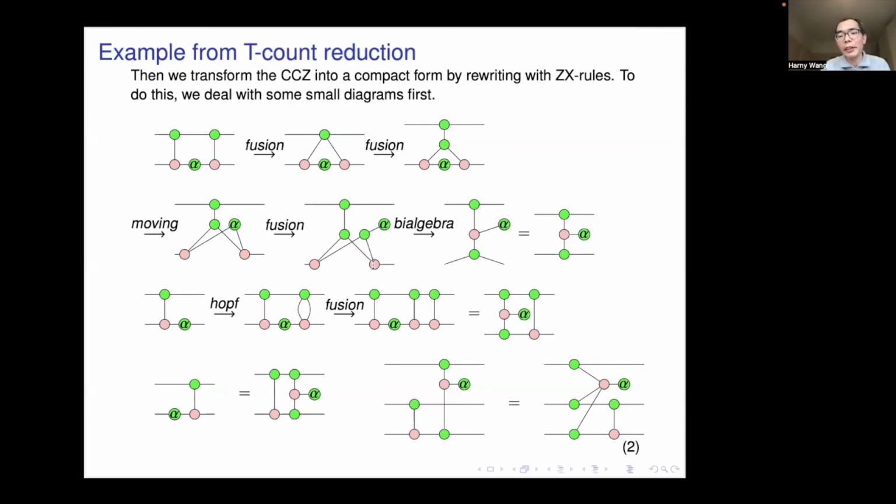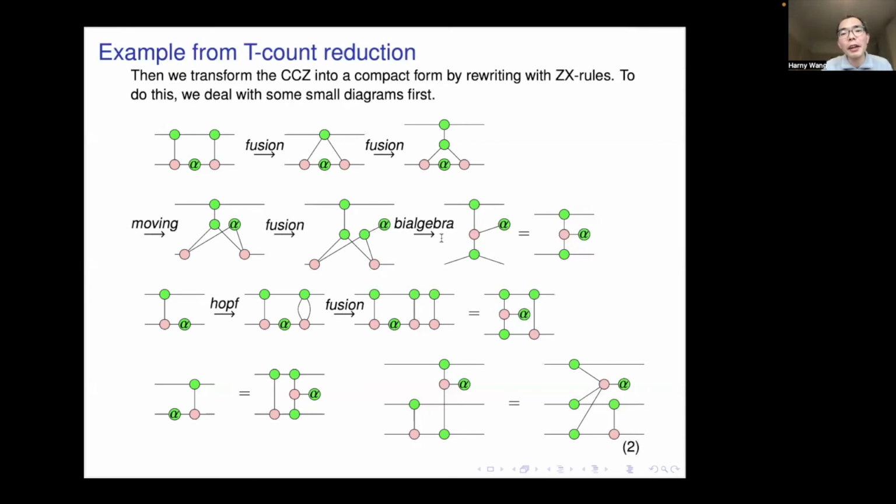Why do this? Because this part is what we call the bialgebra loop. I have two green and two red spiders, and each green connects to each red. Then we can swap the order. Green was on top and red at the bottom, and now I can change that, but keep the inputs and outputs.